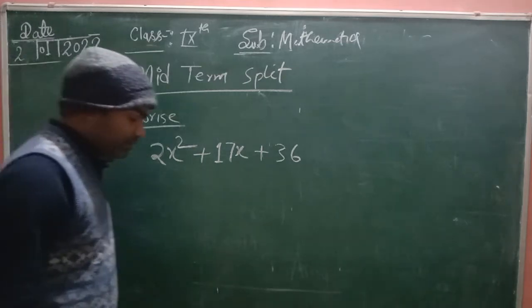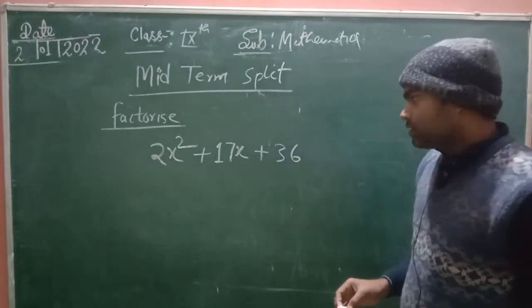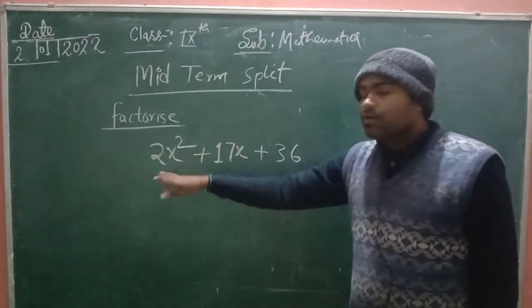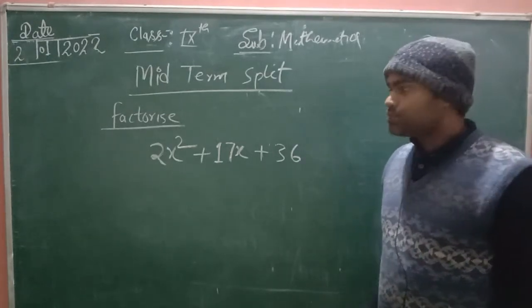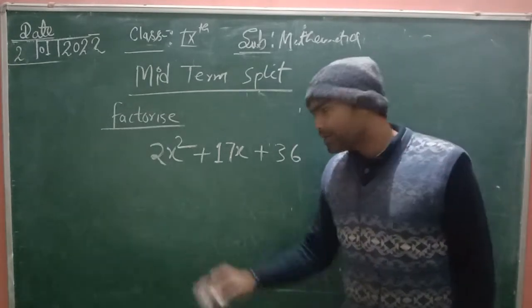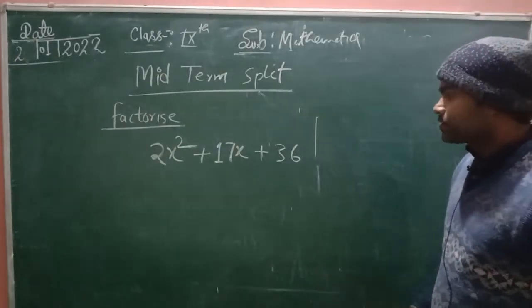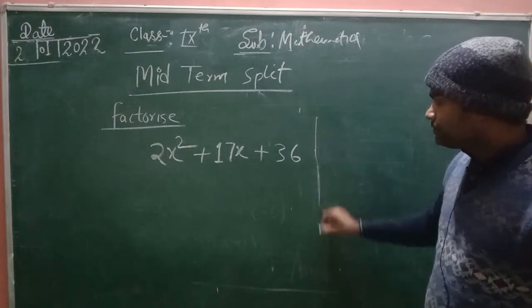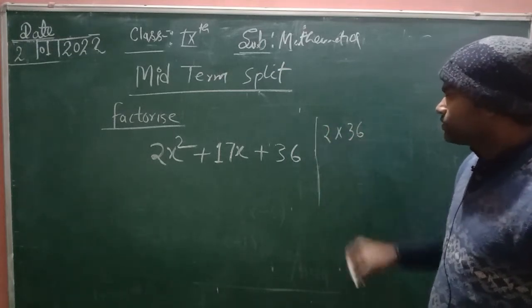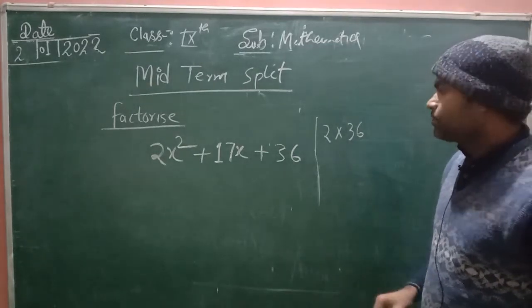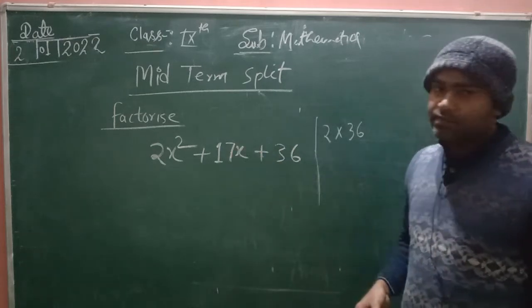In this question, one additional thing is that the coefficient of x square is 2. So you have to include this with the constant term. So now in this problem, we will factorize 2 into 36 in such a way that their summation should be 17.